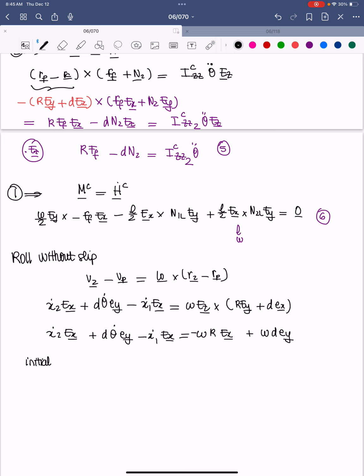Well, should I say that, because I want to take the derivative of this equation? Let me just take the derivative of this equation.